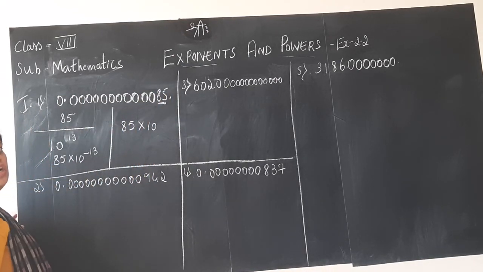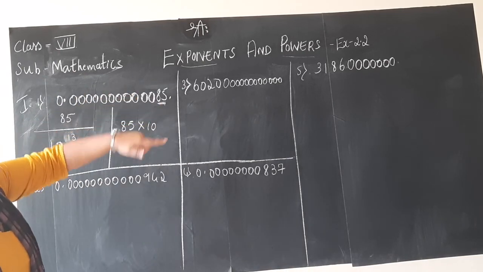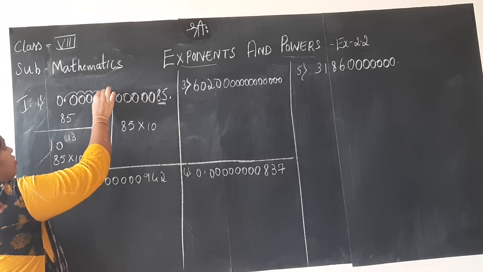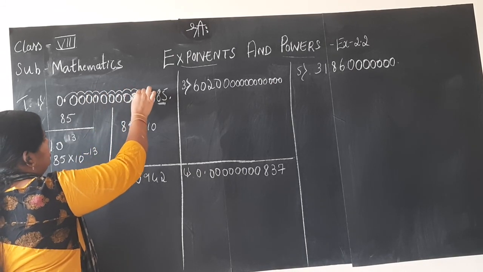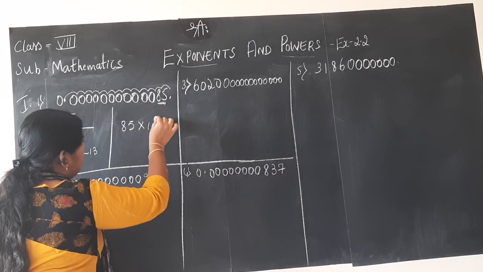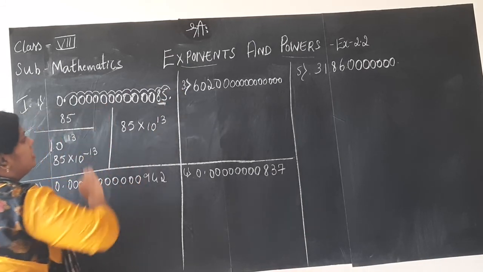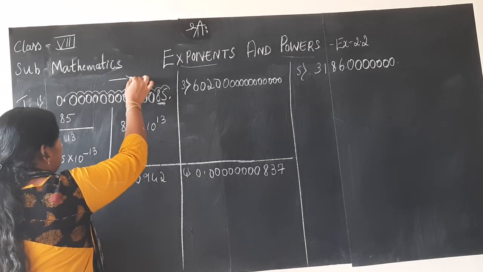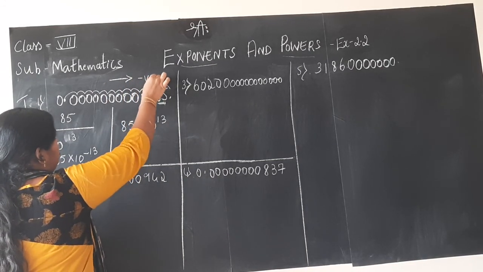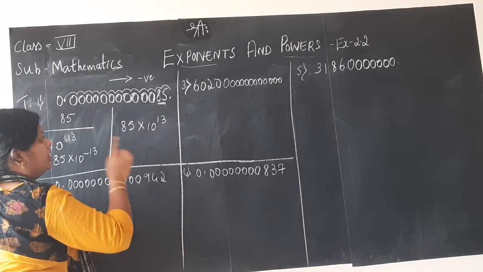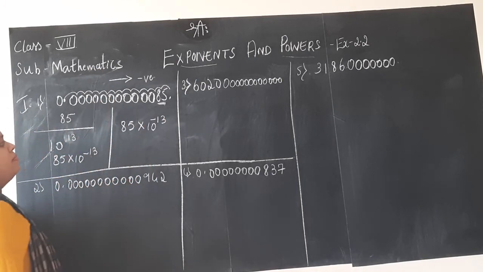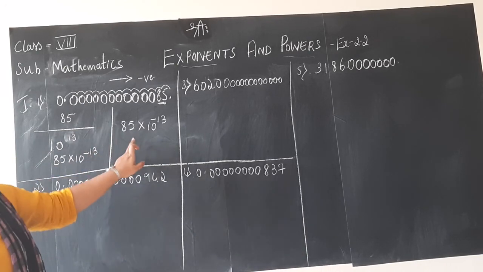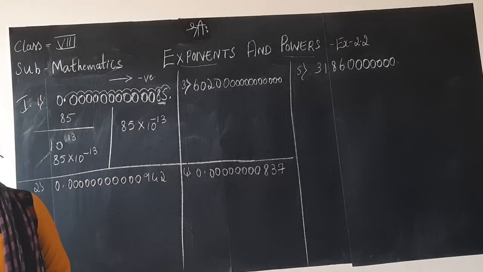To do that, I should count how many decimal places I am shifting: 1, 2, 3, 4, 5, 6, 7, 8, 9, 10, 11, 12, 13. So 10 to the power 13. I already said, whenever you shift the decimal place in the forward direction, you take the exponent as negative. So 10 to the power minus 13. Didn't we get the same answer, children? So whichever method you want, you can do.